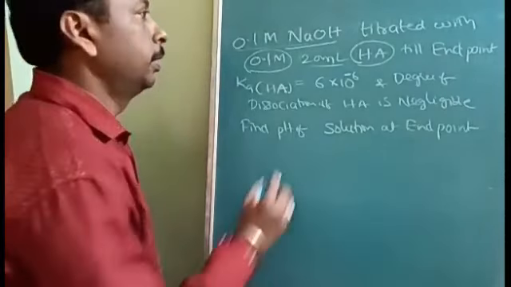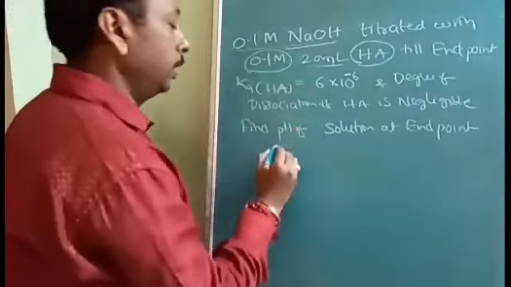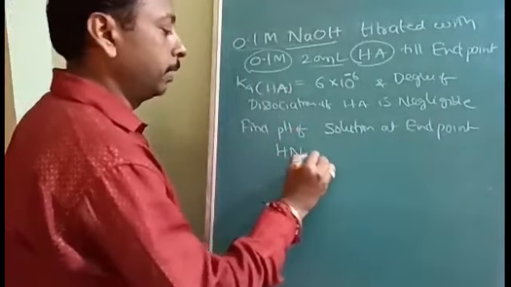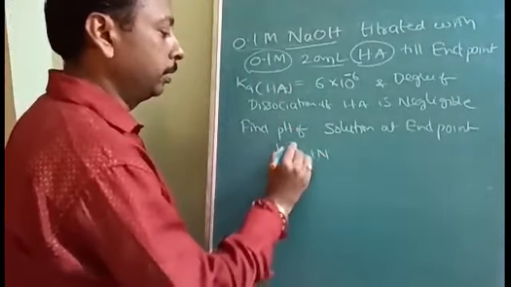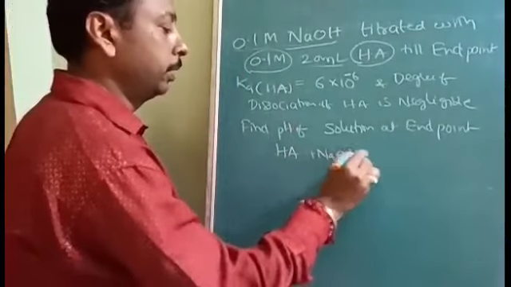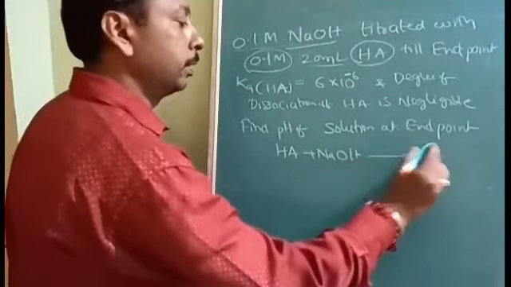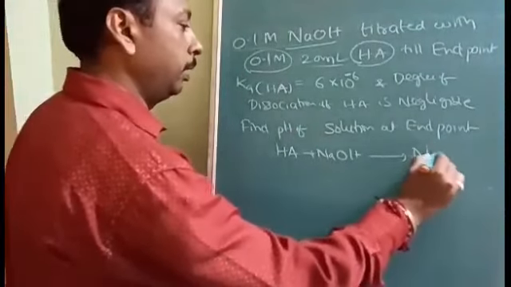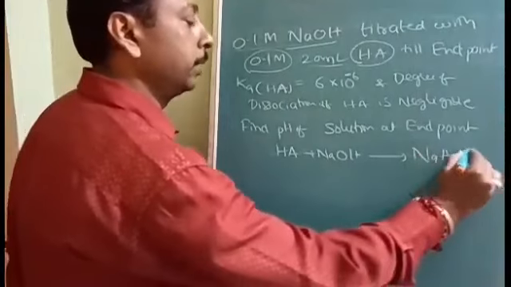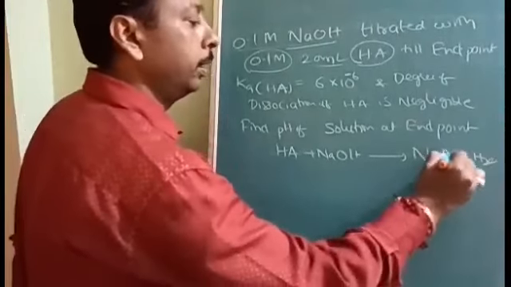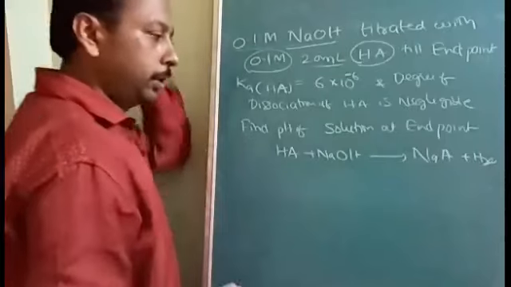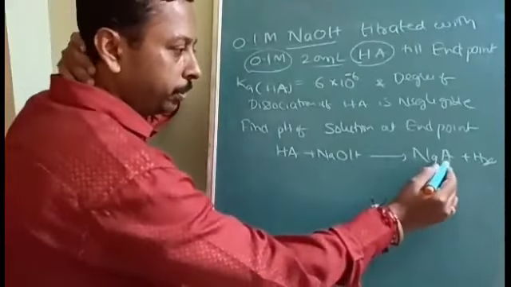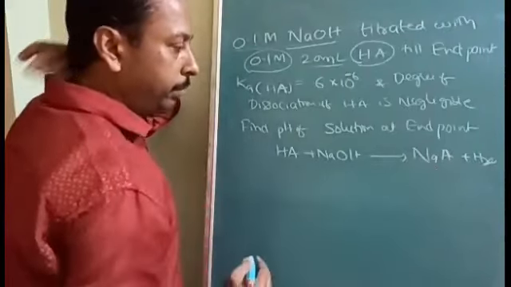So here HA plus NaOH gives NaA plus H2O. NaA is the salt, and this salt is going to be a salt of weak acid and strong base.